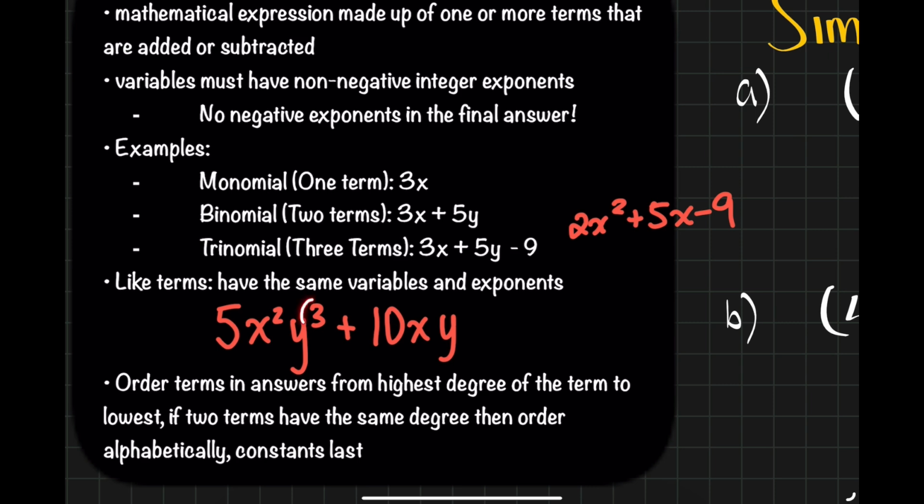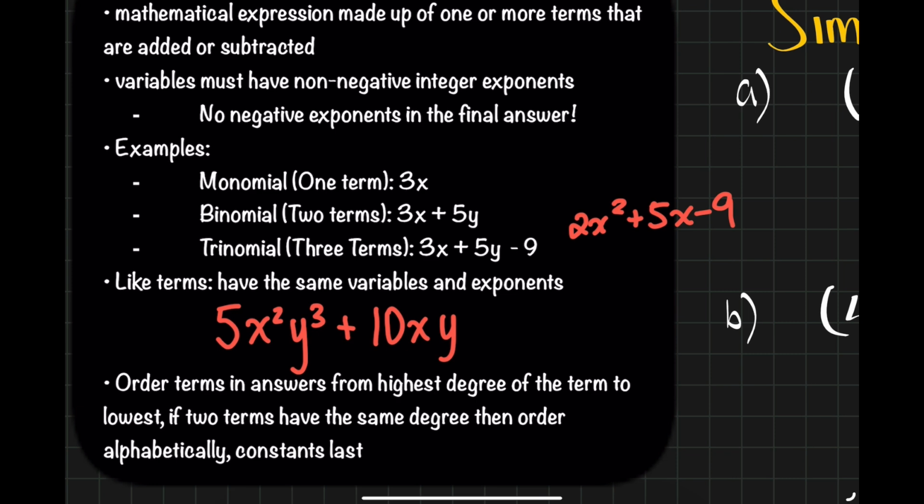Also, the y has an exponent of 3 here, and for our second term, the exponent is 1. Both terms have the same variables, so they both have x and y in each of them, but the exponents don't match. Therefore, these are not like terms.